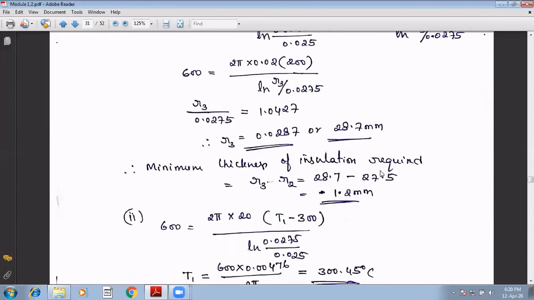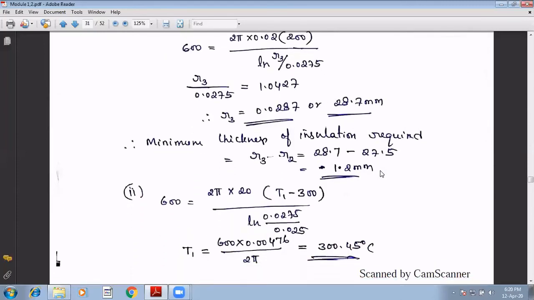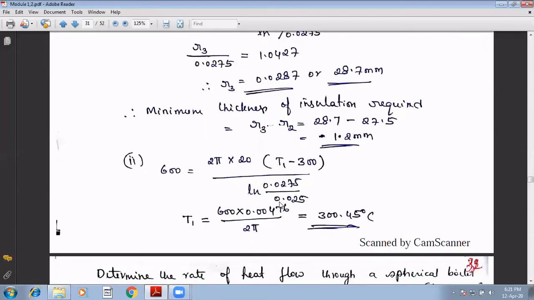Now the second part is calculation of temperature. Considering Q is equal to 2 pi K into (T1 minus T2) divided by ln of R2 by R1, you will get T1 as 300.45 degrees Celsius.